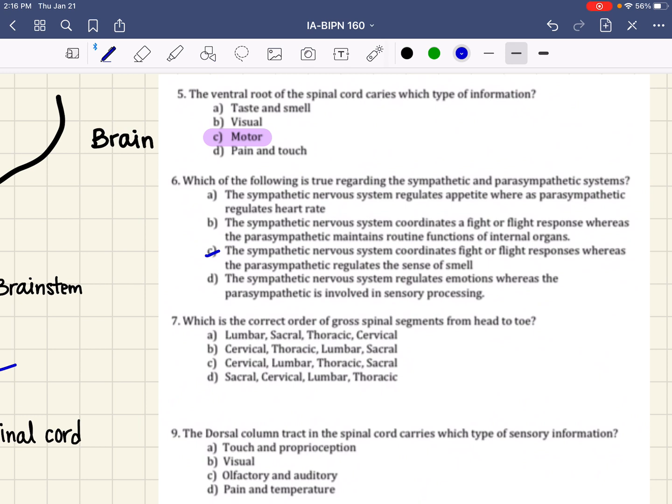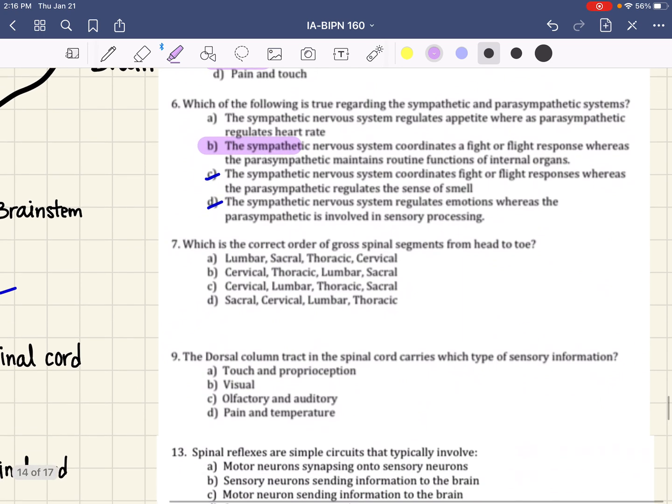No. Not D. It regulates appetite. I think it's B. The sympathetic nervous system coordinates a fight or flight response, whereas the parasympathetic maintains routine functions of internal organs. So I'll go ahead and highlight B as the right answer.